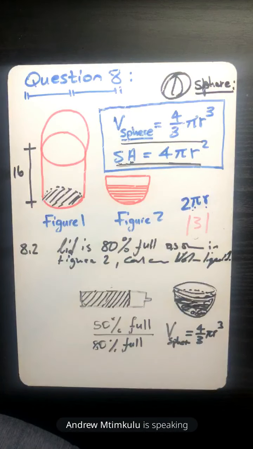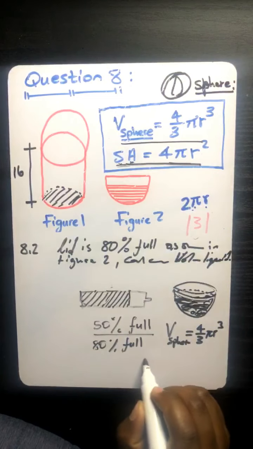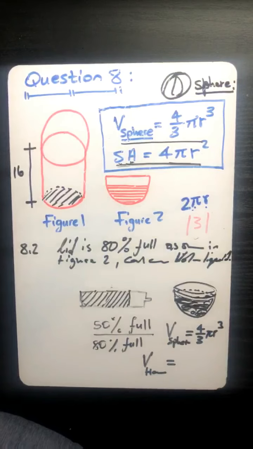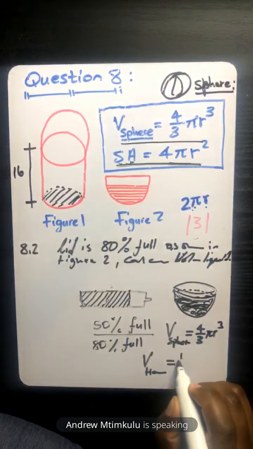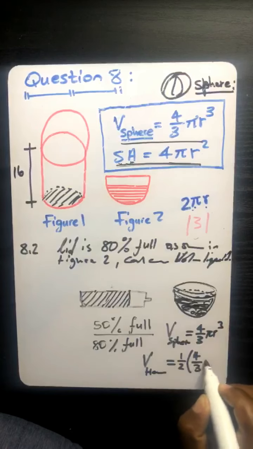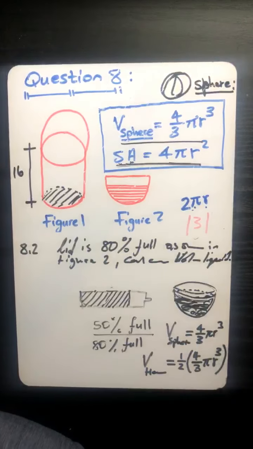No, sir. It's a hemisphere, isn't it? Which means, what will be the formula for the volume of a hemisphere? It's going to be half, and then brackets and then the formula given there, sir. Yes. Do you guys understand it? Yes, sir.